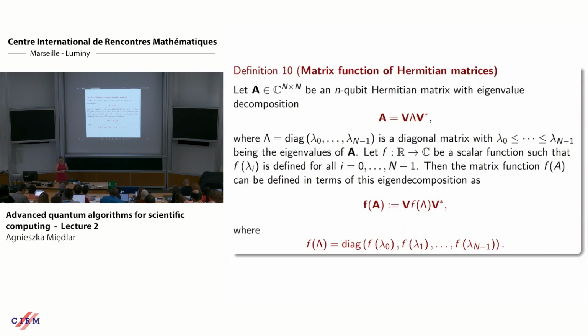Here we will assume that the matrix is Hermitian, so the eigenvalues are real. And you try to evaluate a function which takes reals into complex. So this is a scalar function, and you have to make sure that your function is defined at each eigenvalue of this problem, because that's the essential component that we need.